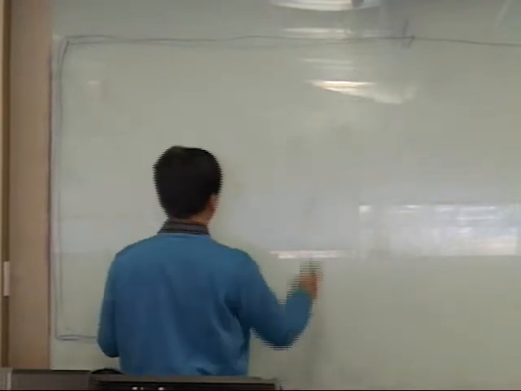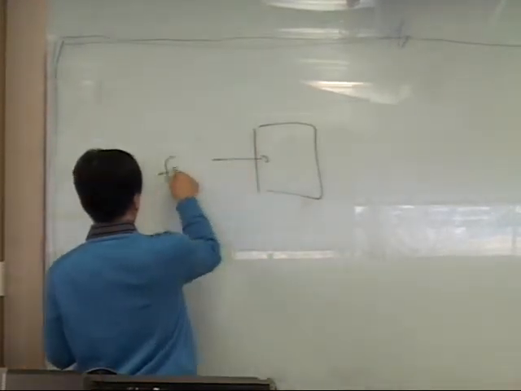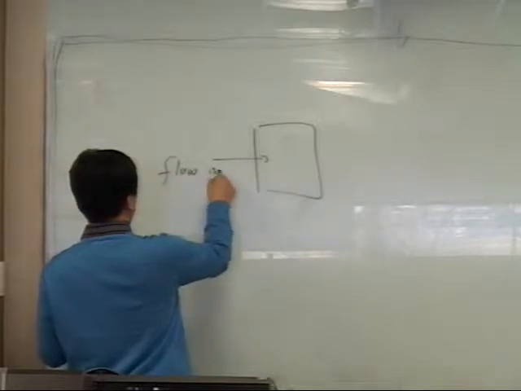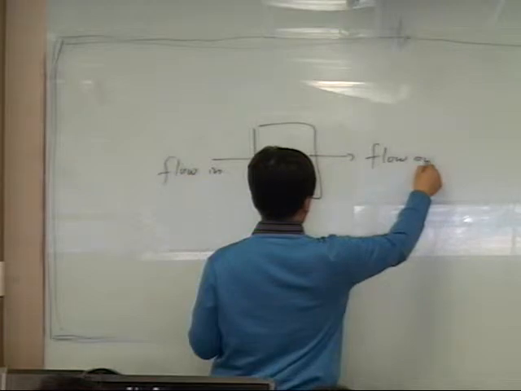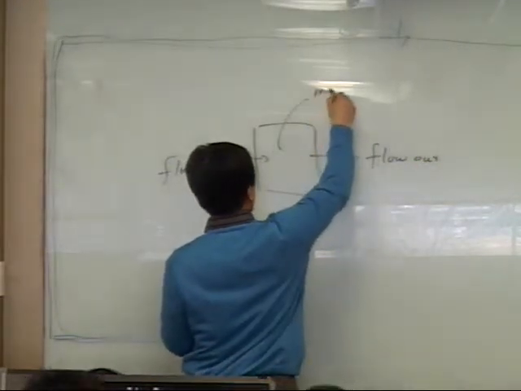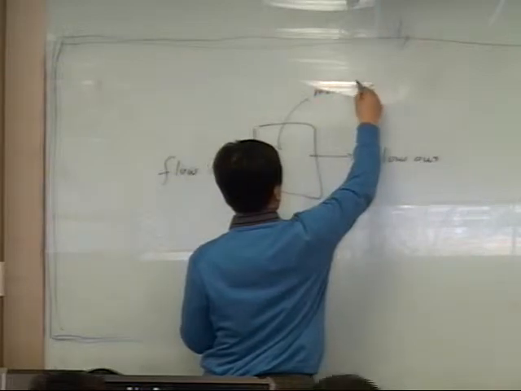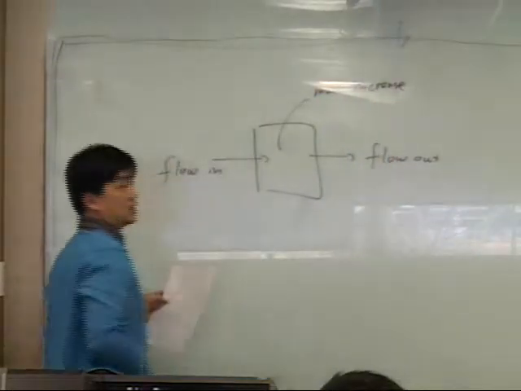In order for mass to be conserved in this system, this is flow in, and this is flow out. And inside, there is going to be a mass increase. Okay, mass change.